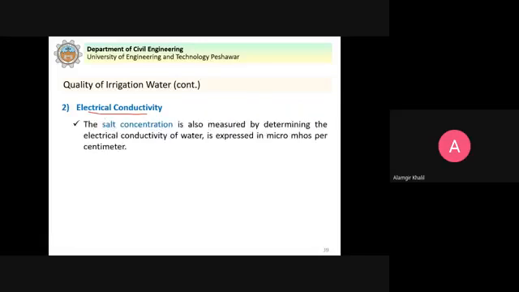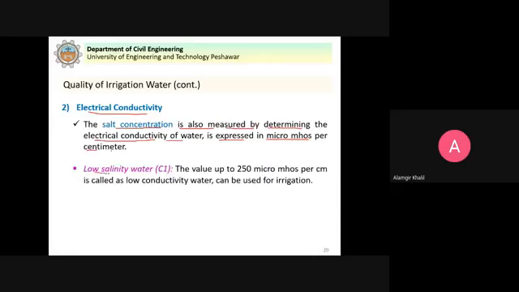Electrical conductivity, the salt concentration, is also measured by determining the electrical conductivity of water and is expressed in micromhos per centimeter. Low salinity water, the value up to 250 micromhos per centimeter, is called low conductivity water and can be used for irrigation.